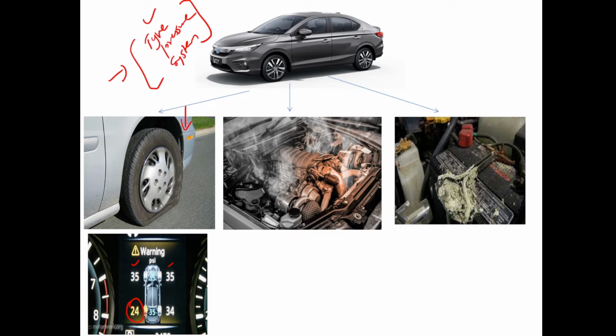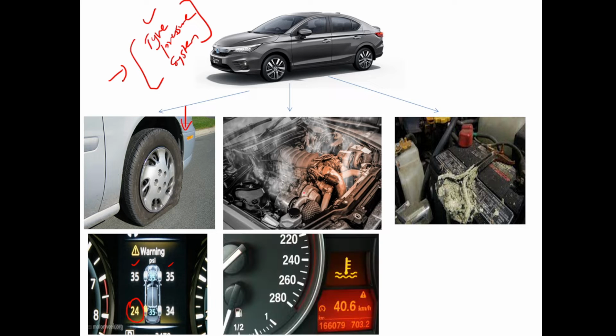Engine overheating, how will you handle that exception? Have you seen this in your cars? This specific symbol on your dial, on your monitor. When you switch on, it will glow for some time and then it will stop. But after you turn on your engine, if this light still stays on, it means you have an engine issue. You have to stop and look into that issue.